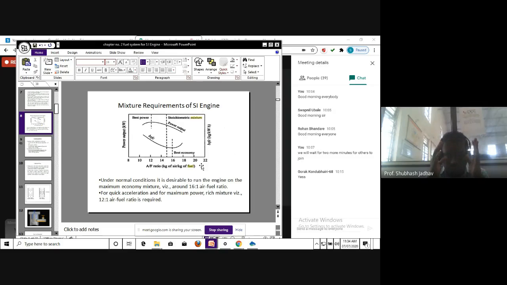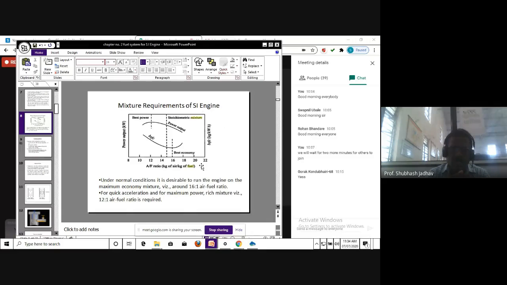So your fuel system, whatever you are going to design, see, now you are thinking as a mechanical engineer, so you should always think in terms of designing the system. If you want to design a system for an SI engine, then you need to understand that your system is going to require sometimes a lean mixture and sometimes a rich mixture.